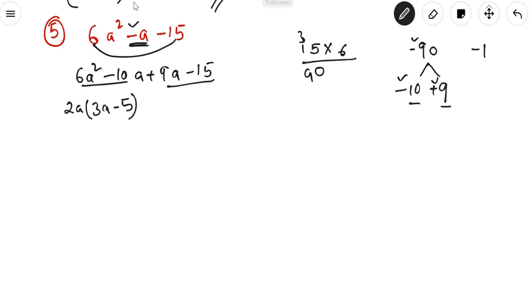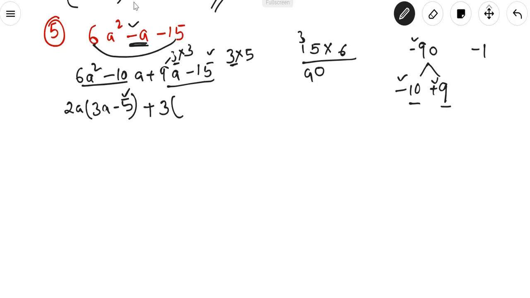So plus, what can I take common here? I have to get 5 here also. When I'm going to get 5, 3 fives are 3 into 5. So this 3 also, how can I write? 3 into 3. So in these two terms, what can I take common? 3 I can take common here. So I'm going to take 3 outside.